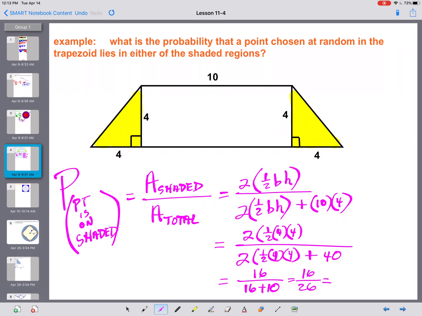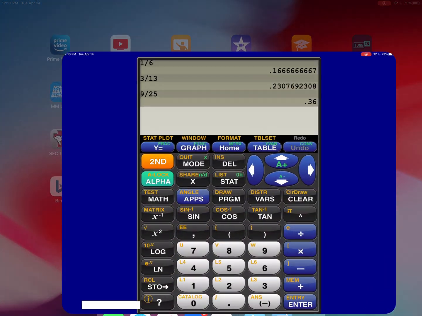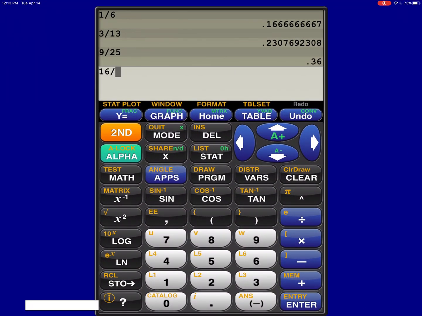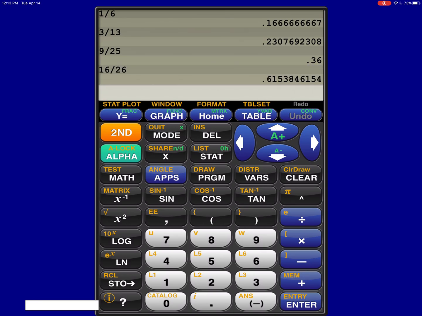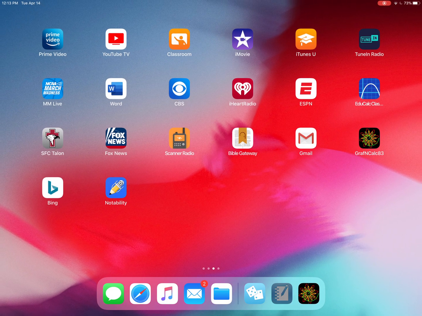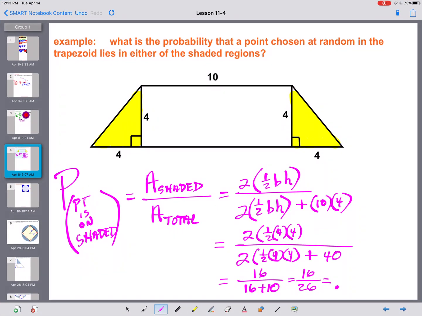Let's get that as a decimal first: 0.615. As a decimal, let's move it 2 places to the right: 61.5%.